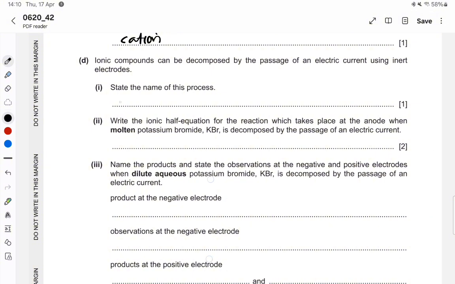Name this process. This is called, of course, electrolysis. But a word of warning here, class. If I were to ask you the definition of electrolysis, then you must say the passage of an electric current through an ionic substance in the molten or aqueous state.